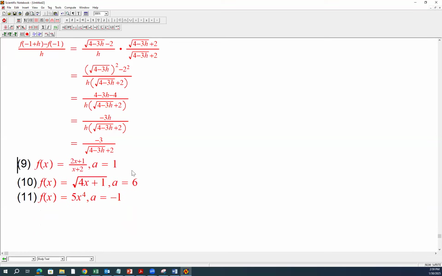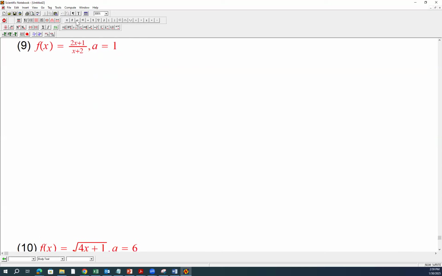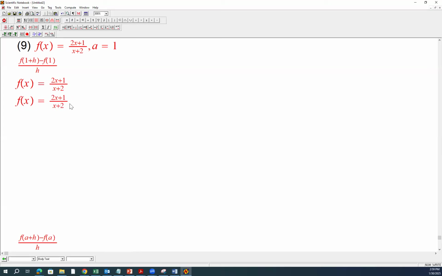Okay, number 9, we're back to this rational function once again. A is 1. We're going to go ahead with f of 1 plus h. This is the perfect opportunity for you to practice and review your algebra.